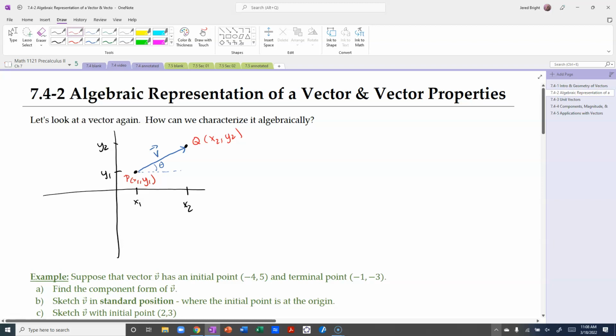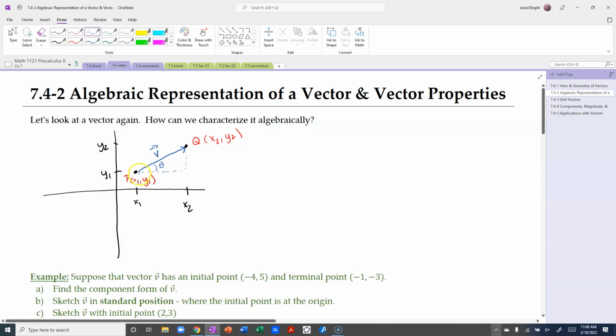Now, I want to dissect the geometry just a little bit more. I know you're like, geometry, man, I've been there, done that, and I don't want to go back. But when we were looking at vectors geometrically, we were moving horizontally and vertically. So how can I represent that horizontal and vertical movement?